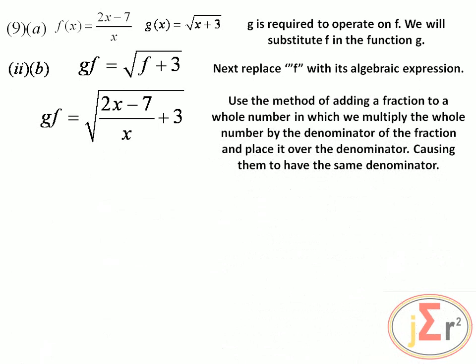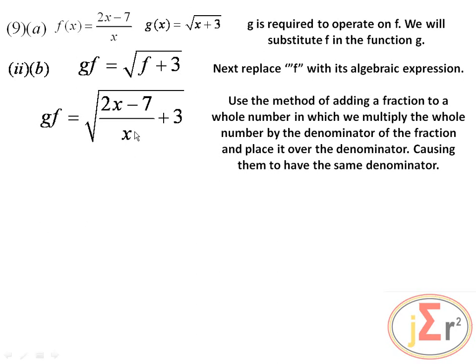This is a method that you will see throughout Richard James Mathematics Resources. I have already created the slides for 10, 11, and 12. And throughout these practice paper solutions, I have added fractions to whole numbers by writing the whole number as a fraction with the same denominator as the fraction that we have.